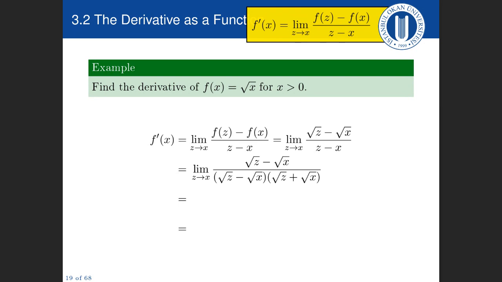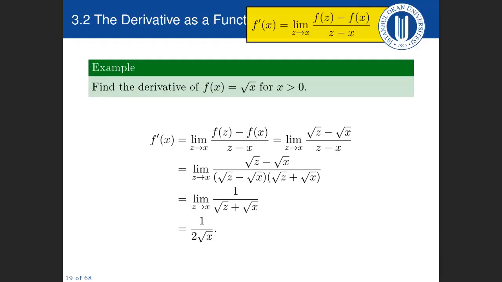If I factorize the bottom, I can factorize z minus x into root z minus root x multiplied by root z plus root x. And then I can cancel the root z minus root x on the top and on the bottom. And then I'm just left with the limit of 1 over root z plus root x. At this point, we can take the limit, replace z by x, and we get 1 over 2 root x, which is the answer to this question.